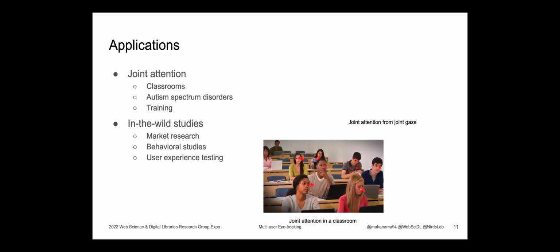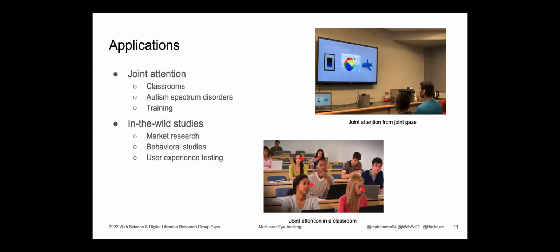If you take a look at the applications of multi-user eye tracking, one of the key applications is joint attention. Joint attention means paying attention to the same object simultaneously. We can derive joint attention using shared gaze positions.